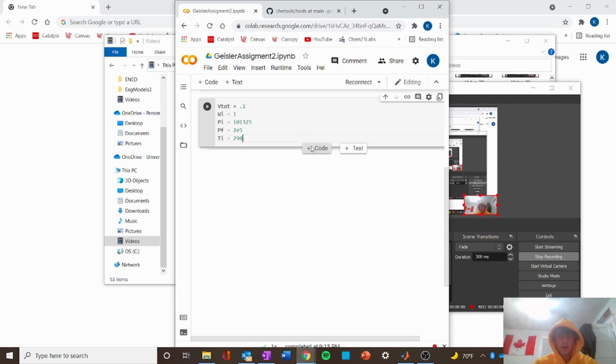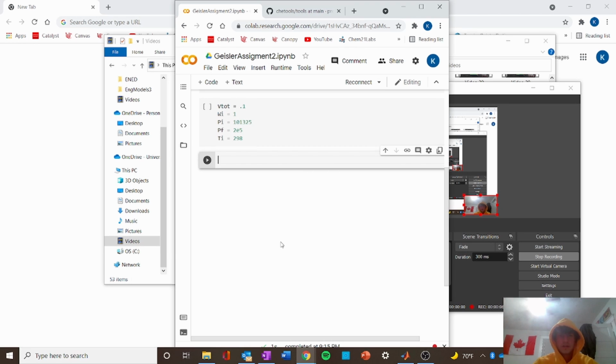Now we are going to input our density. This is going to be PR.rhoL of our initial temperature, making sure it's case sensitive.